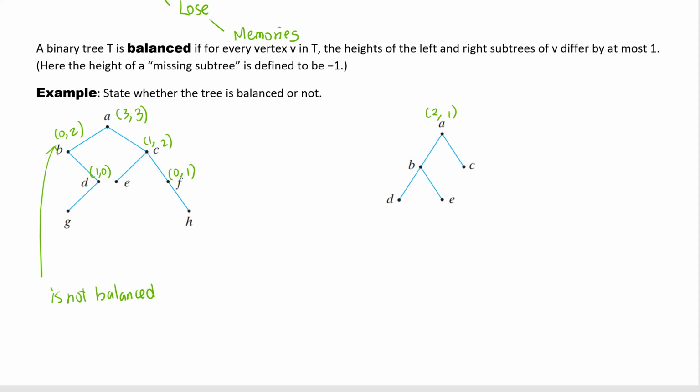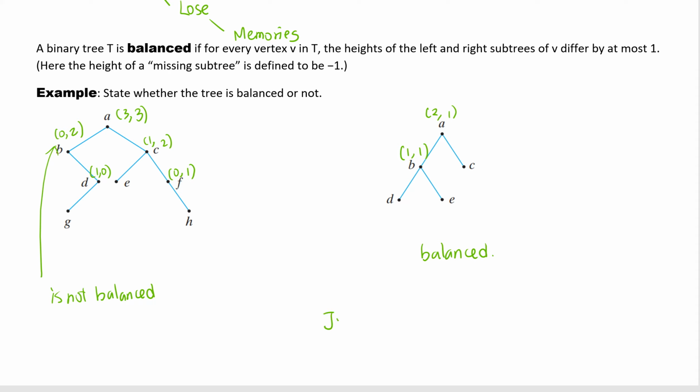And B, we have the left subtree is 1 height, and the right is also 1. In fact, we just need to check the internal vertices. We make sure the height of the left and the height of the right subtrees differ by at most 1. So this example is balanced.